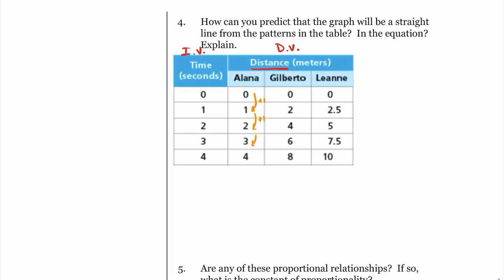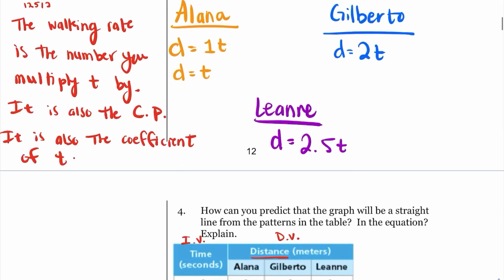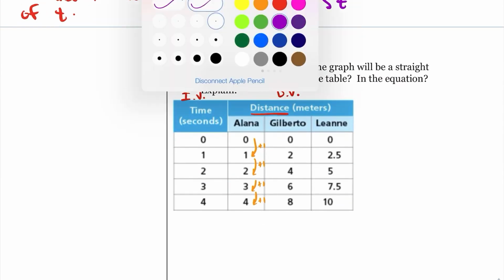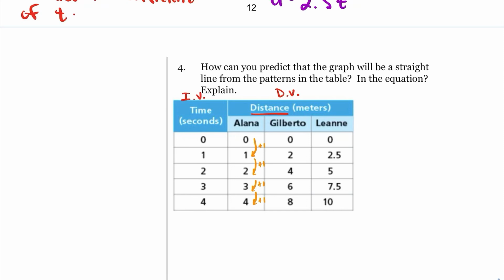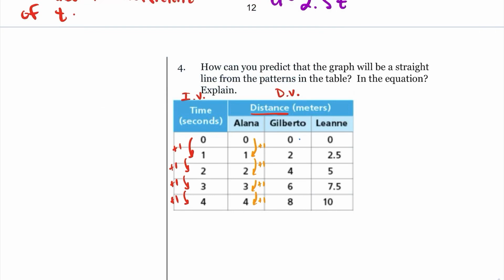You may remember that Alana's distance is changing by 1. But let me use red here. Then you have to ask yourself, what's happening with our independent variable? You'll notice that simultaneously the independent variable is changing by 1, and that's affecting our dependent variable to change by 1 as well. If we also take a look at Gilberto's, how is Gilberto's distance changing?